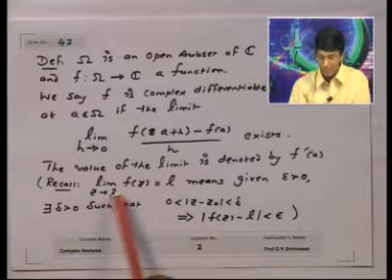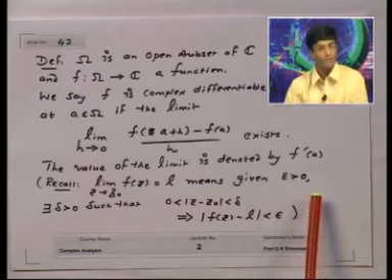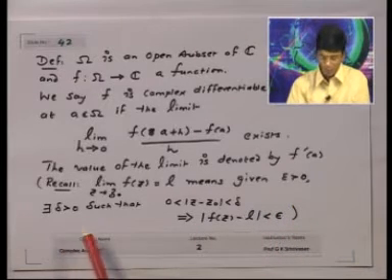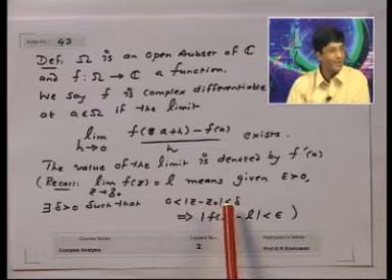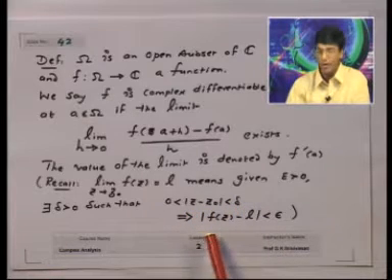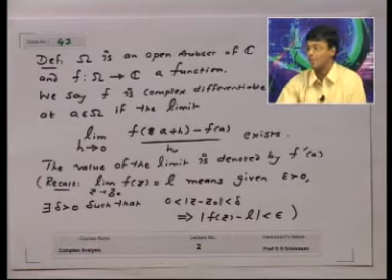What is the meaning of this statement? It means given any epsilon greater than 0, there is a delta greater than 0 such that 0 less than mod z minus z naught less than delta implies mod f of z minus L less than epsilon. This is the usual epsilon delta definition of limit.